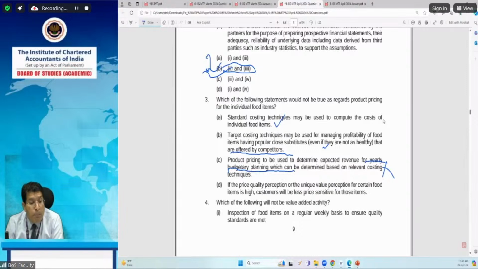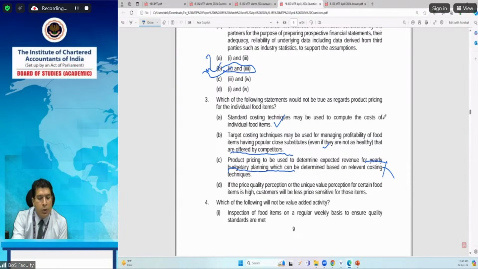Next is, if the price quality perception or unique value perception for certain food items is high, customers will be less price sensitive for those items. Sure. If the products have a high quality perception, then the customer will be less sensitive to the price.